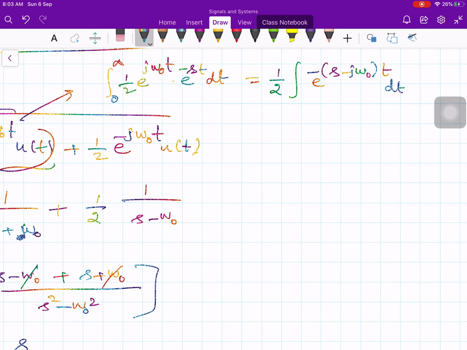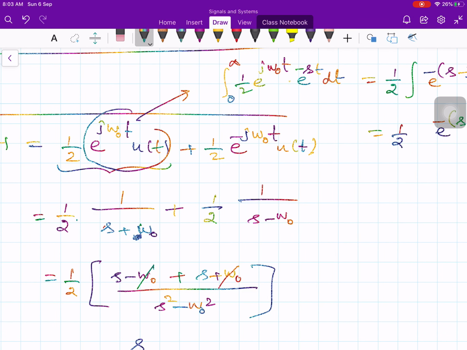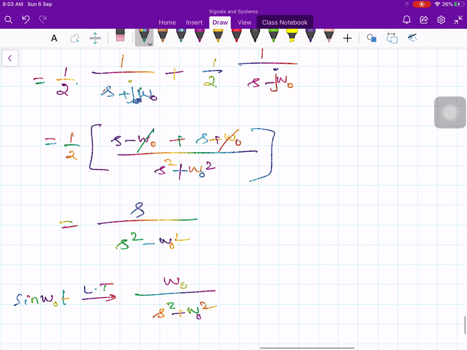So 1 by 2 e to the minus of s minus j omega naught... I am sorry, this j term will come here, this also j term, therefore s square plus omega naught square. So plus here and here also plus, thank you. So this is again plus.